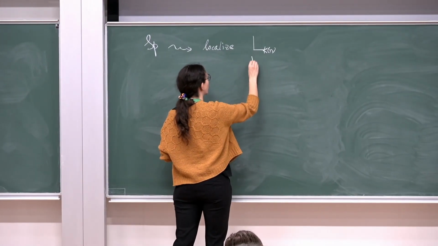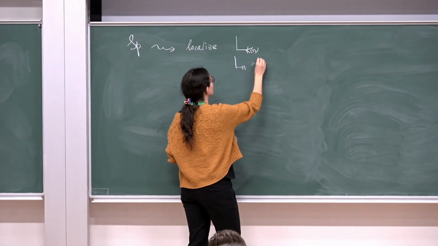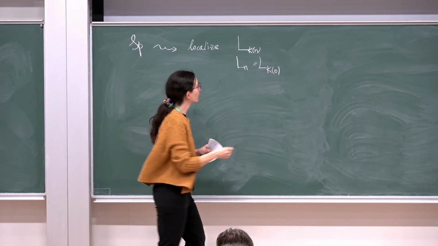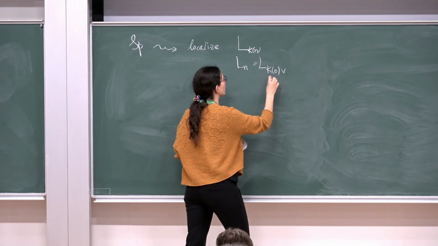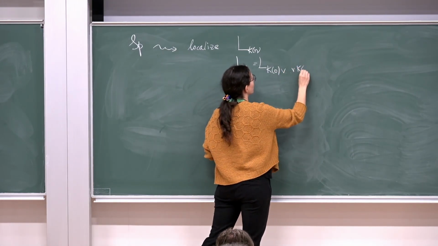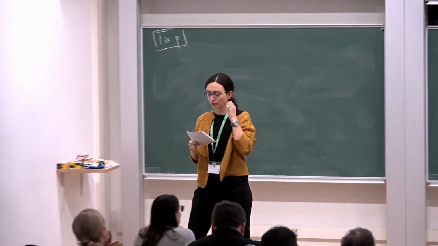And then another one that combines these is Ln, which is localization with respect to, let's say, just because I haven't introduced any other things, I write it this way. So we can localize with respect to the wedge of the first n+1 Morava K theories.